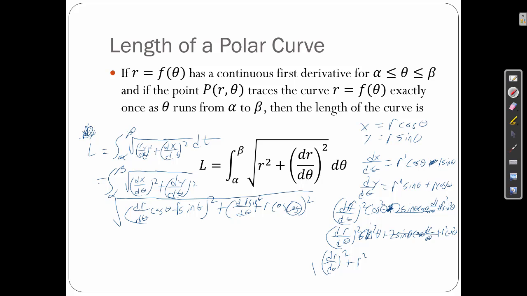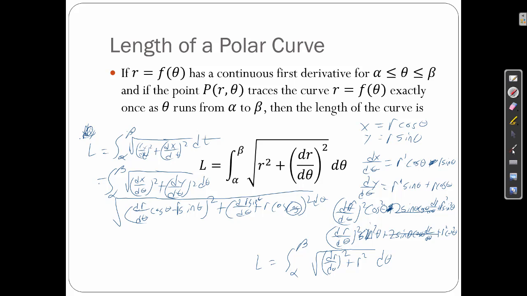So we now have our integral: alpha to beta of the square root of r squared plus dr/dθ squared, times dθ. I did forget to draw in my dθ while I was doing my work, but it's up there. You can generalize because I had dt inside. This becomes dt out as well. If I replace t with theta, it should go out here as well.